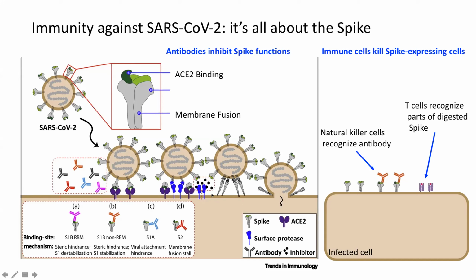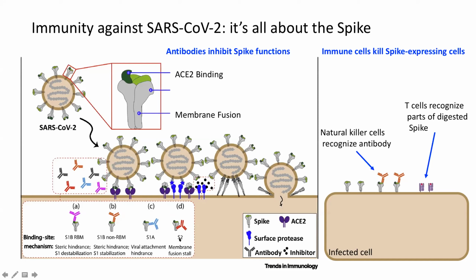And so this kind of harpoon-like action brings this virus close to the cell and mediates a fusion event between the lipid bilayer of the virus and the lipid bilayer of the host cell. And that fusion allows the viral genome here to be released into the cell to start an infection. And so antibodies against spike are shown down here.